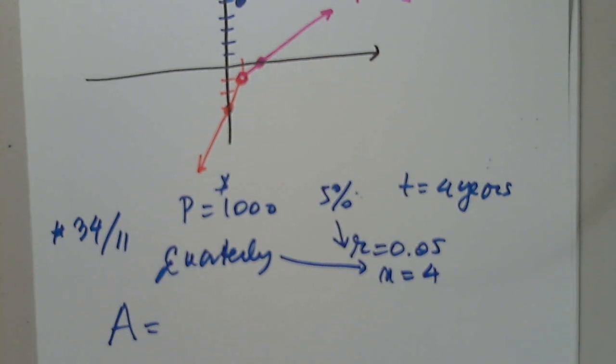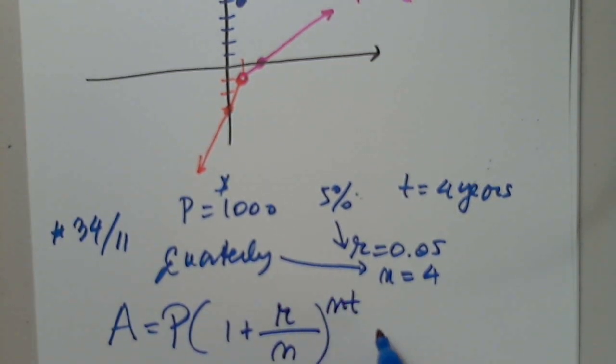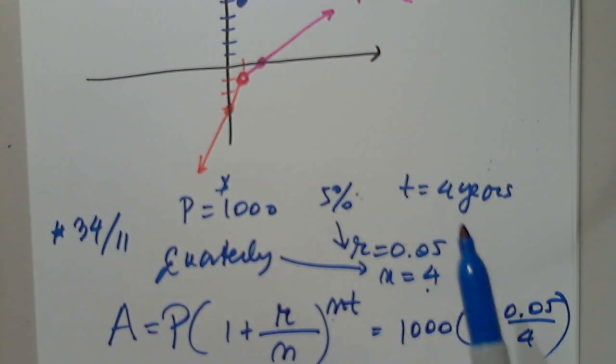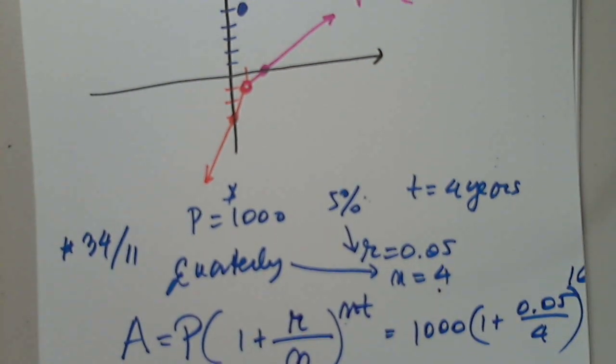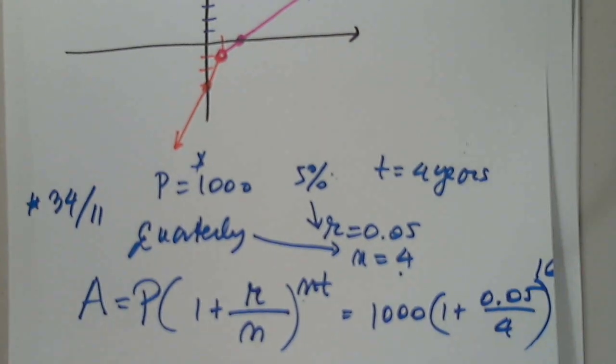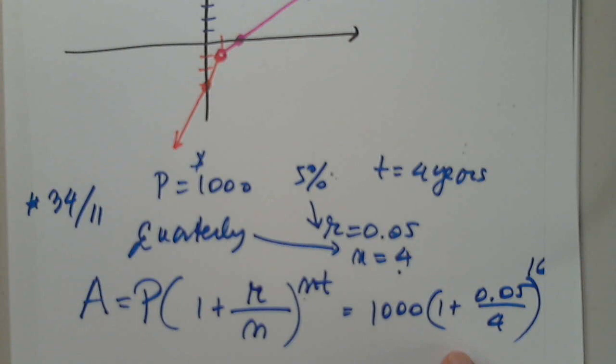Isn't it like P parentheses 1 plus 0.05? Yes. Yes. And T. Very good. So it's 1,000 times (1 plus 0.05 divided by 4) everything to 4 times 4, 16. And you know how to plug this in the graphing calculator and get the answer, right? Yes? Is that a yes?